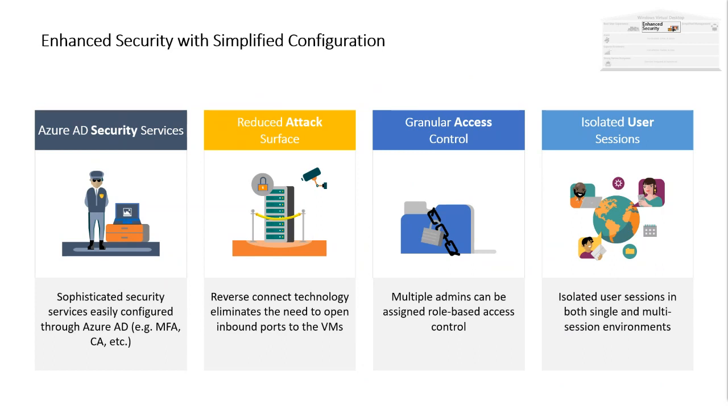There's also a reduced attack surface because you're not opening up your RDS servers directly to the internet, which is what a lot of SMBs would traditionally do. You're connecting with reverse connect technology through the control plane into the VM. So everything is being funneled in through a controlled network security group, and you can protect better that way.